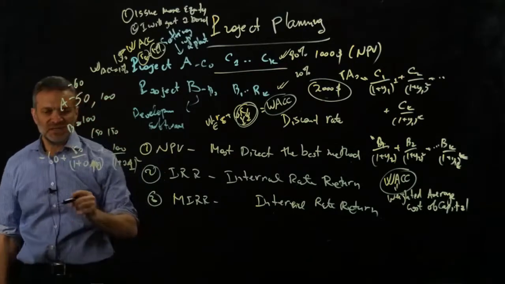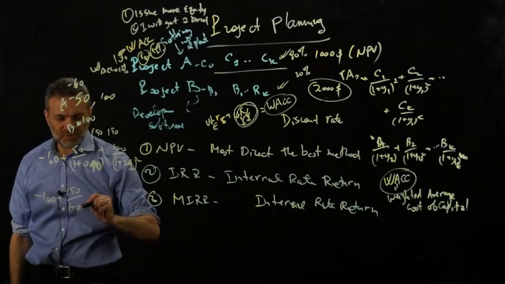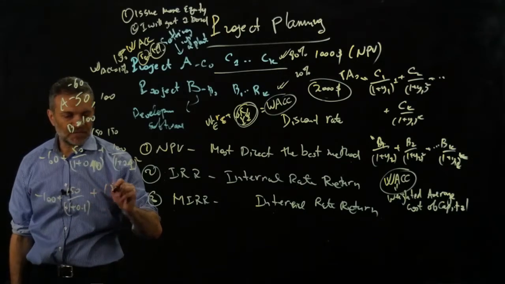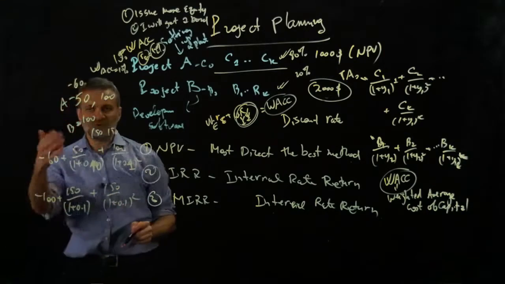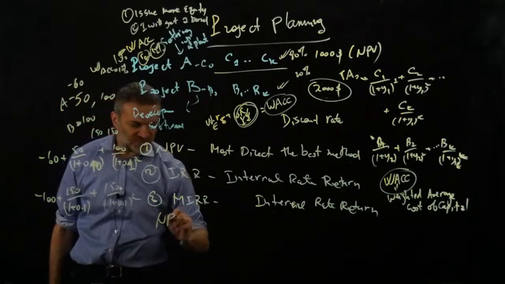The second project is going to be minus 100 plus 150 divided by 1 plus 0.1, plus 150 divided by 1 plus 0.1 squared. So you compare those two numbers, through a calculator or through Excel, as I showed you using the function NPV in Excel.